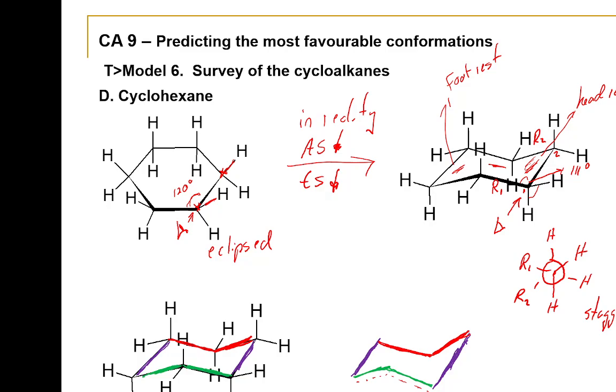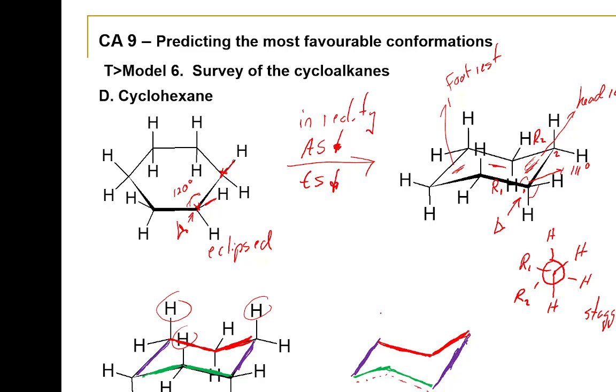The other thing to notice is that off of each of the carbons, there are always two bonds. And I'd like you to take note of, for instance, let's say the 3 hydrogens here that are pointing upwards like that.